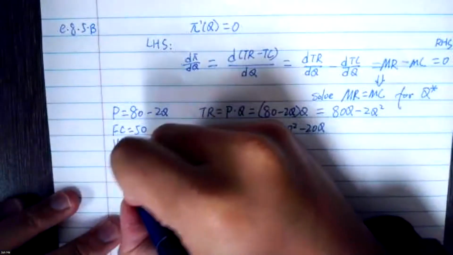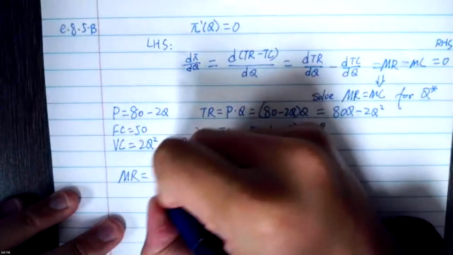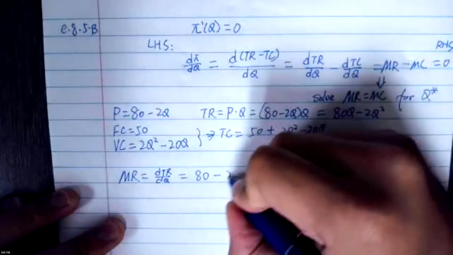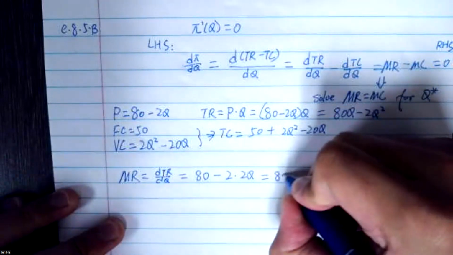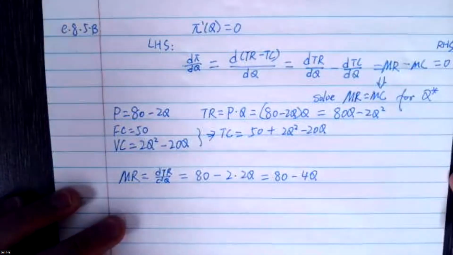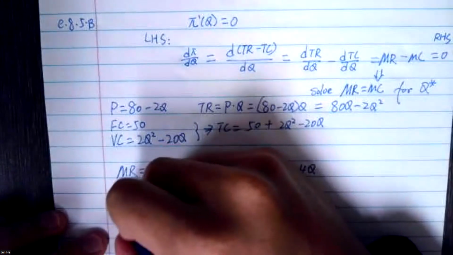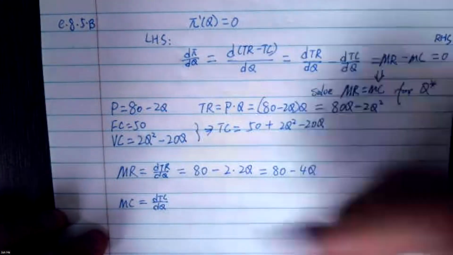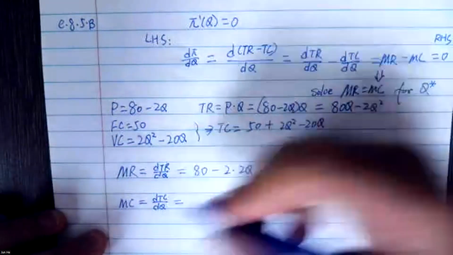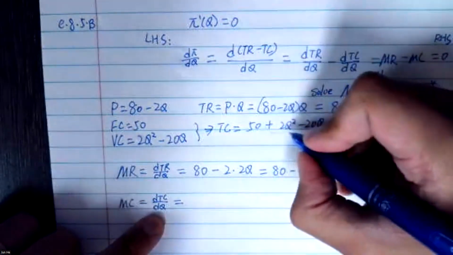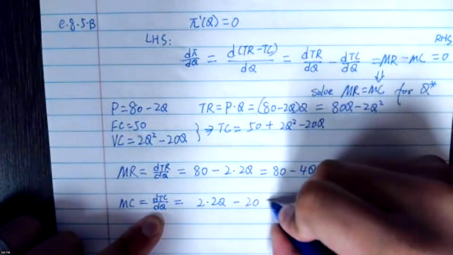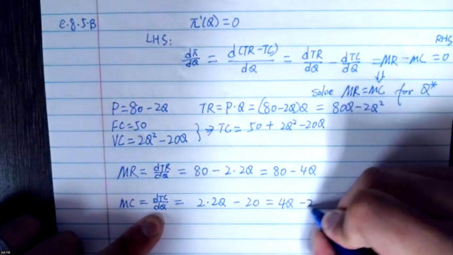So now, marginal revenue is the derivative of total revenue with respect to Q, which is 80 minus 2 times 2Q, which is 80 minus 4Q. And marginal cost is the derivative of total cost with respect to Q. That is 2 times 2Q minus 20, which is 4Q minus 20.